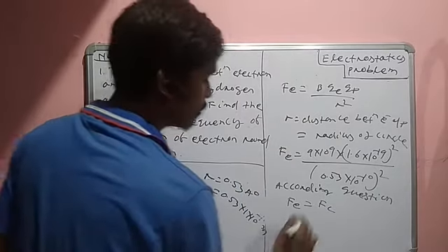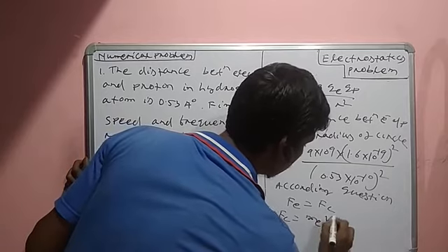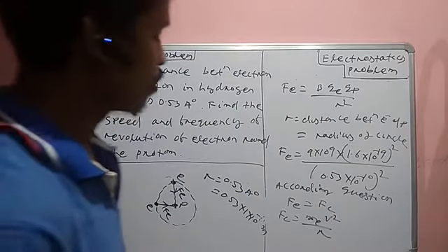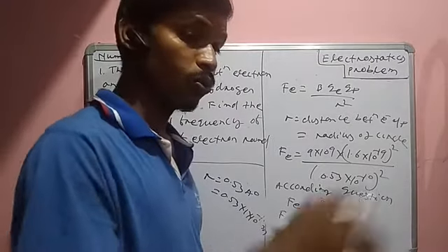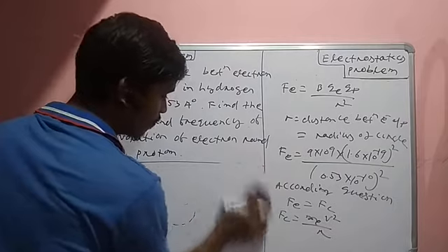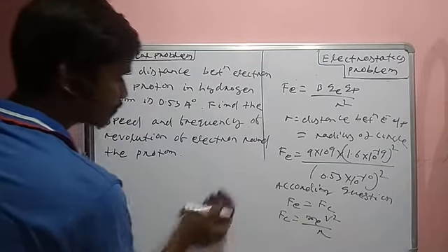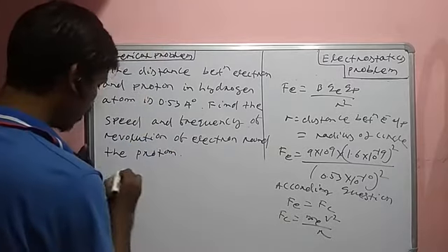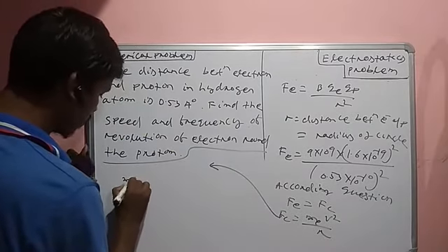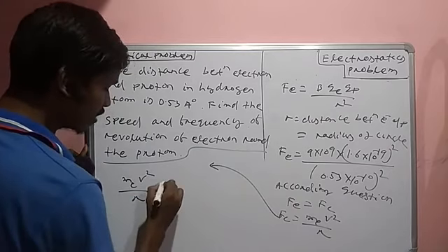So Fc is equal to what? We all know Fc is equal to mv square by r, where r means the radius of the orbit.